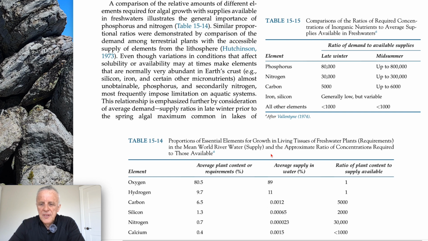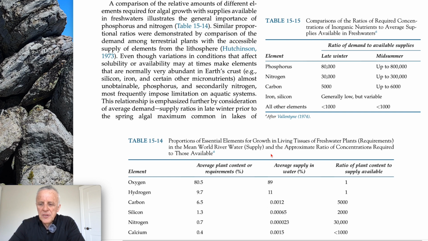Table 15-15, comparison of the ratios of required concentration of inorganic nutrients to average supplies available in fresh waters. So on the left we have the elements, phosphorus, nitrogen, carbon, iron, silicon, etc. Then we have the ratio of demand to available supply. So for phosphorus, we can see that it's the most limiting factor out of the ones listed here.